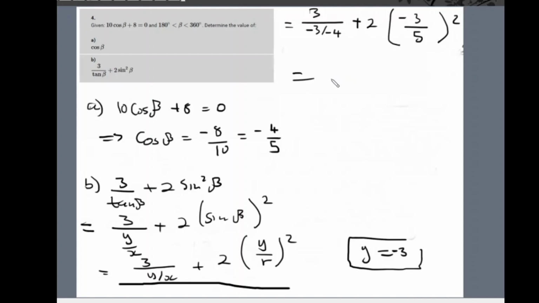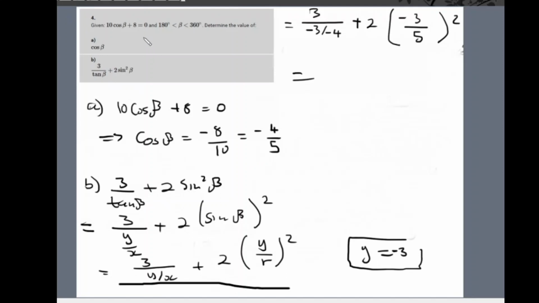I think there is a mistake somewhere. Okay, so we have cos beta as -8 over 10, which is -4 over 5, right? And then we have 3 over tan beta.